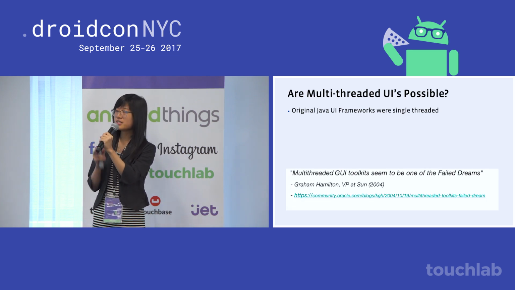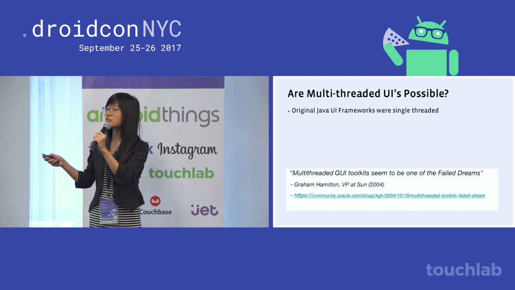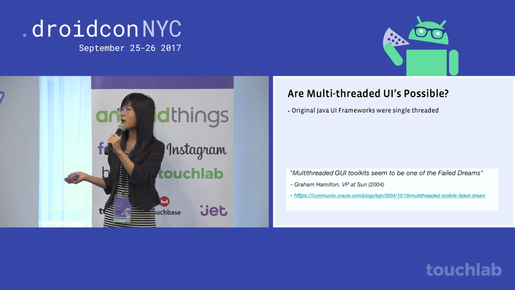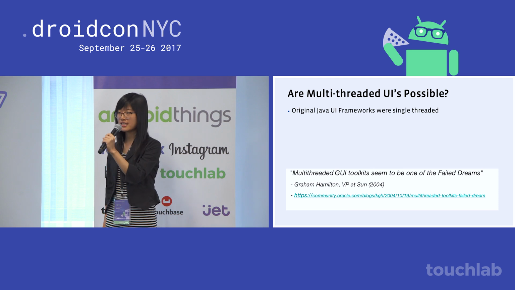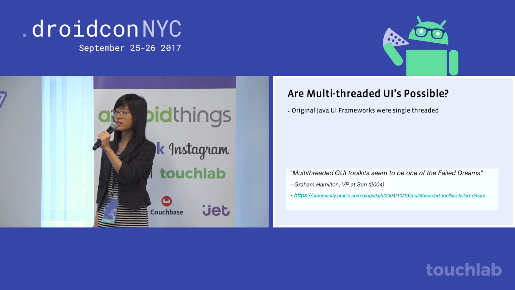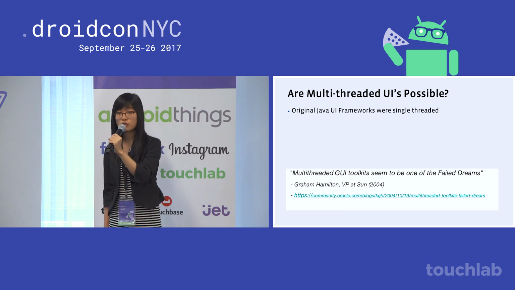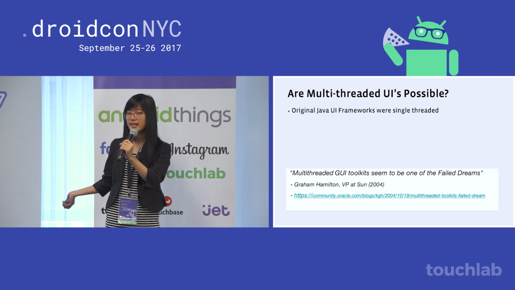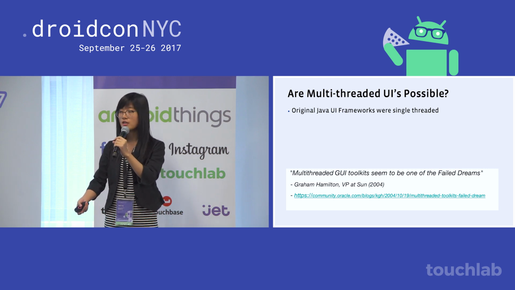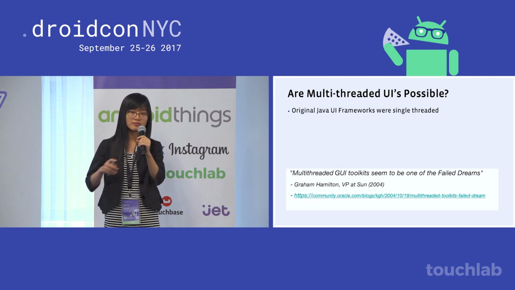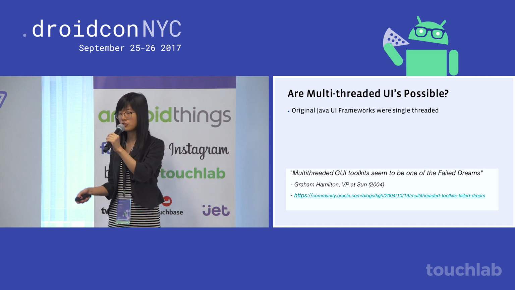So let's start with some historical context on multi-threaded UIs. In 2004, Graham Hamilton, a VP at Sun, said multi-threaded GUI toolkit seems to be one of the failed dreams. He didn't see a way to make the Swing and AWT GUI frameworks multi-threaded without running into a large amount of deadlocks and thread safety issues.